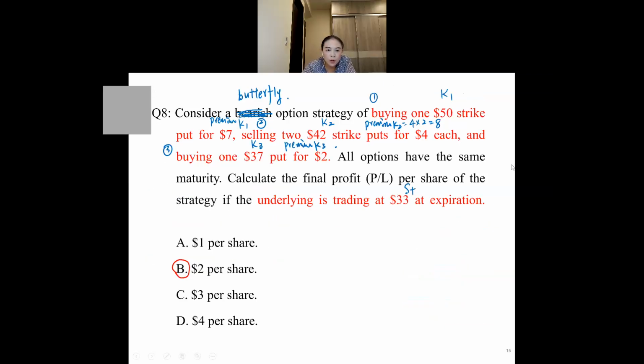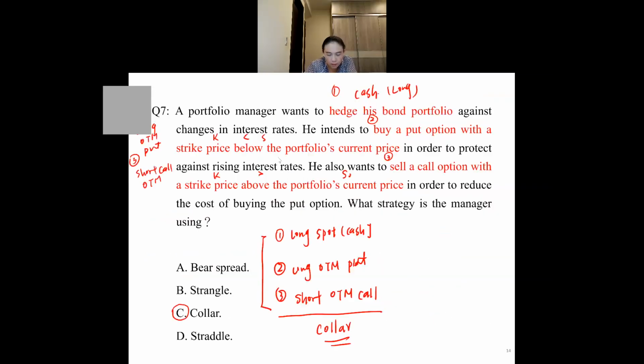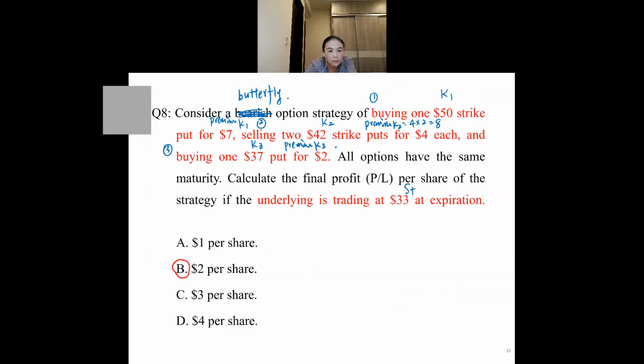All right, so question 8. Can you just correct the typo here? It's not bearish option, it's a butterfly option strategy. Okay, so change the bearish to butterfly. This is a butterfly here.